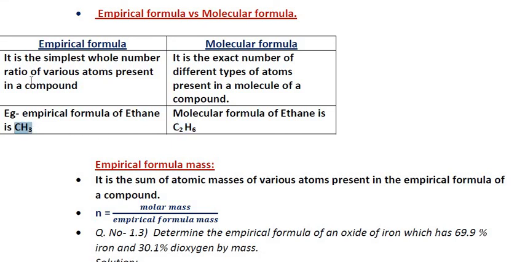I hope you must have understood now what an empirical formula is. It is the simplest whole number ratio of various atoms present in a compound. So the simplest whole number ratio between carbon and hydrogen comes out to be 1:3, so the empirical formula of ethane is CH3.